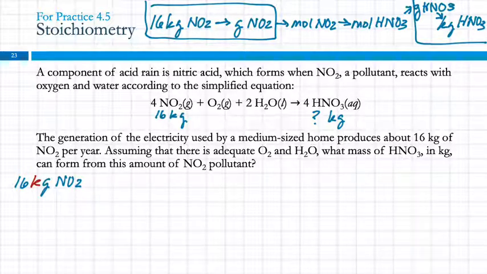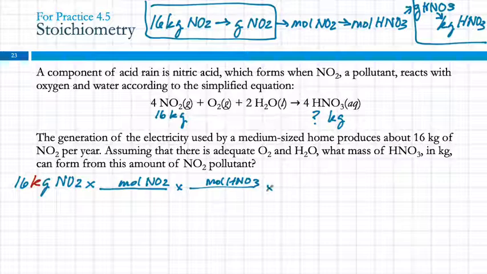So, 3 arrows, 3 factors. So grams of NO2 to moles of NO2 to moles of HNO3 to grams of HNO3.